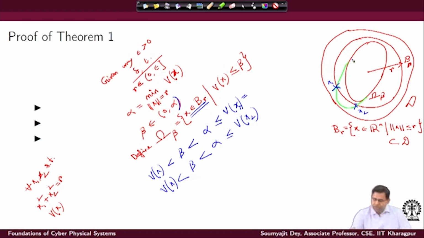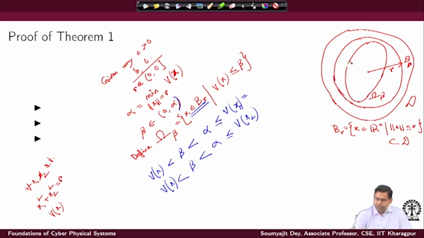So, that means this is a closed volume omega beta which must be located strictly inside this circle, that is Br. Right.